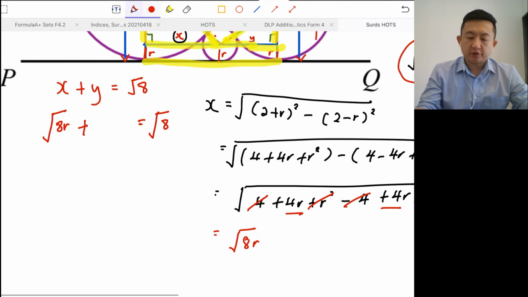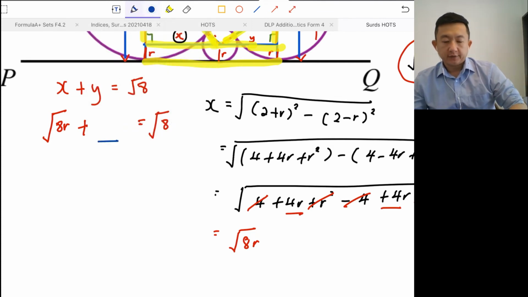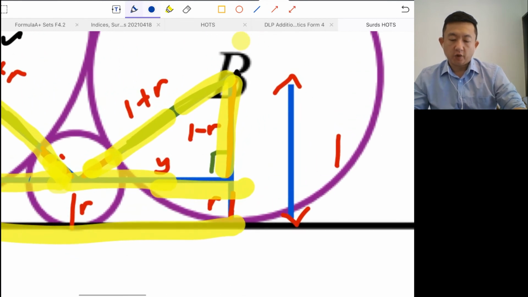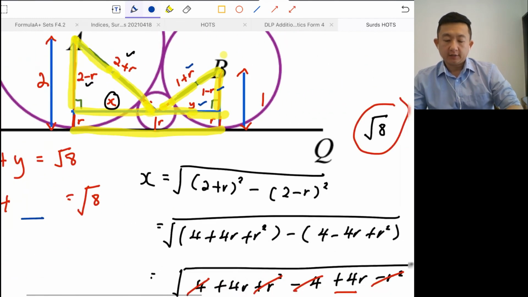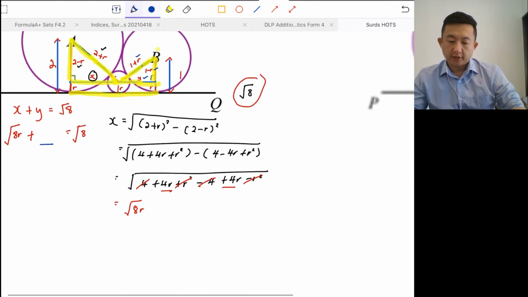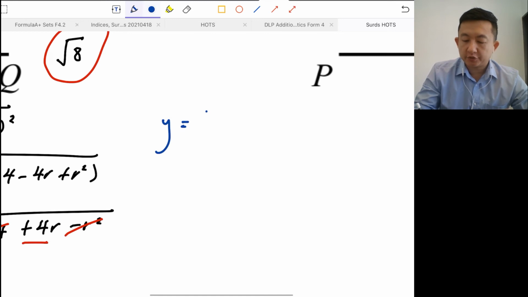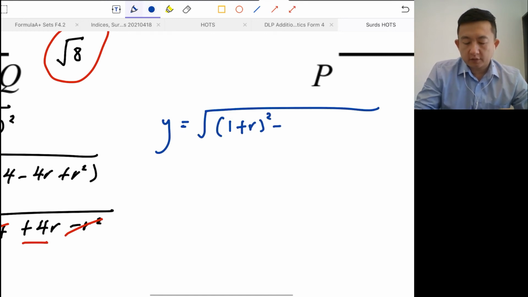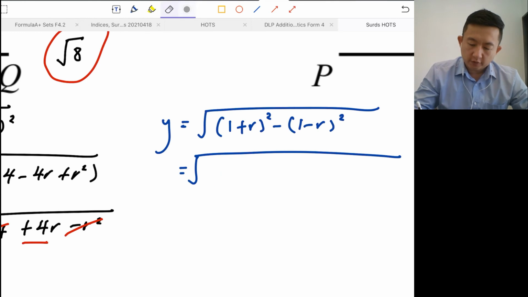So the next one you need to figure out, you know how. Yes, Y. Okay, we look at Y. So this is Y. Y, 1 plus R, 1 minus R. Maybe what we can do, I'm going to put it this side. Y equals the square root of 1 plus R, 1 minus R. Expand it. 1 squared, meaning 1.